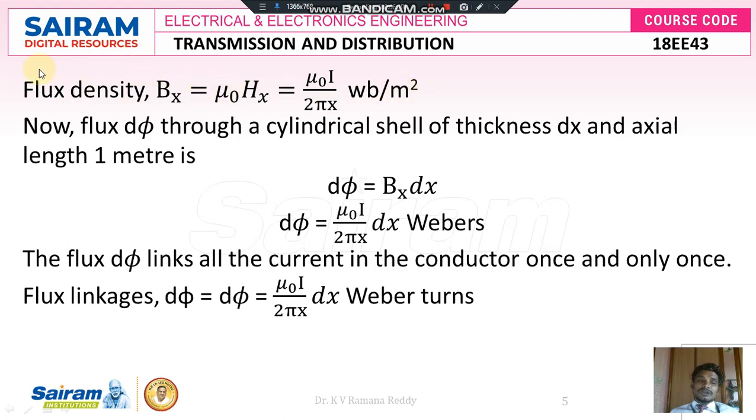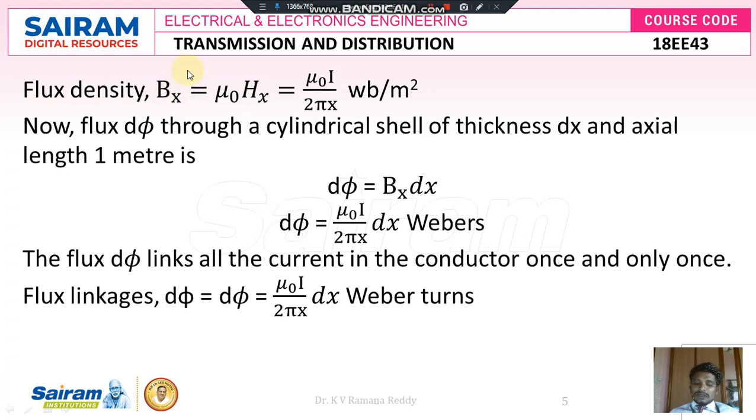Or we can also define the magnetic flux density B suffix x at distance x, that is equal to mu naught into Hx, where Hx is called the magnetic field intensity. Therefore the product of magnetic field intensity and absolute permeability is called magnetic flux density.